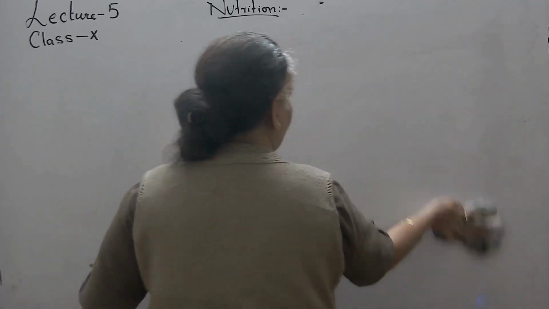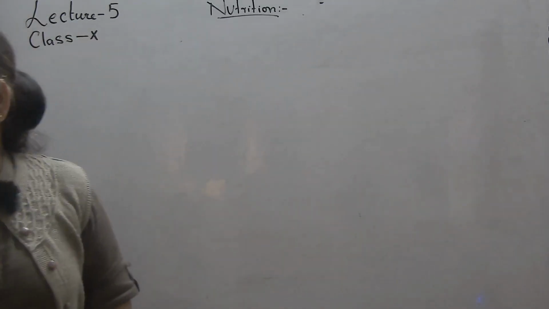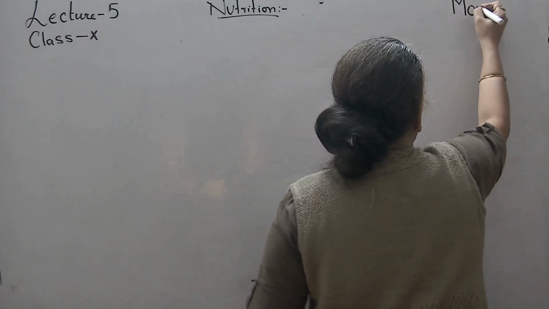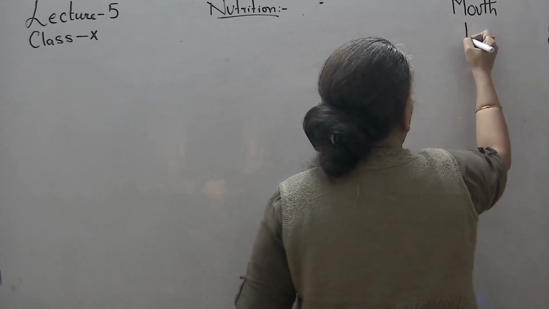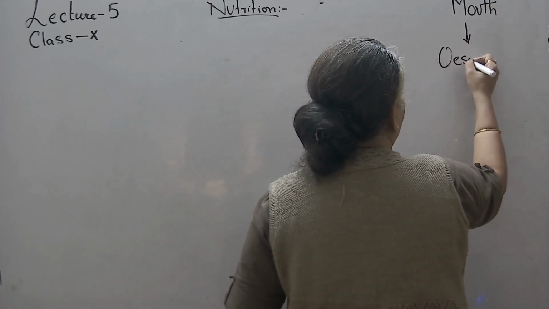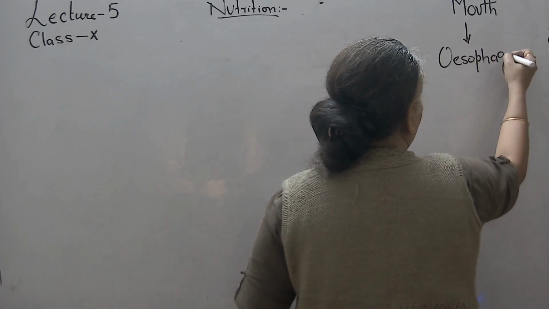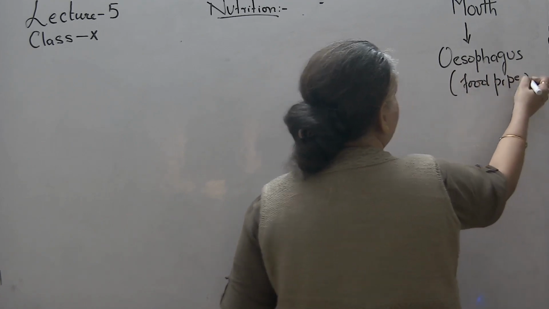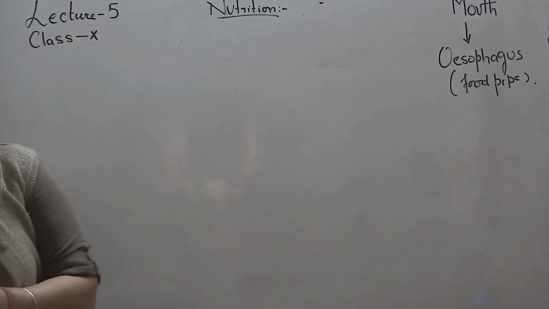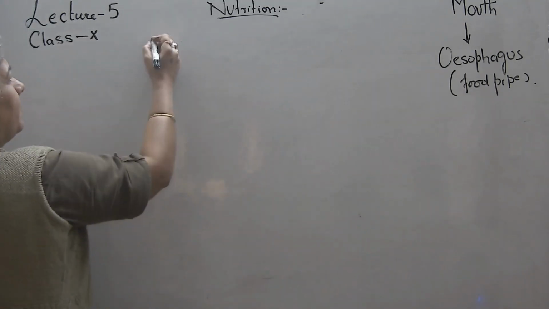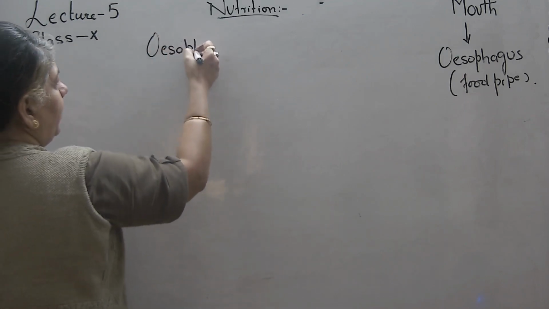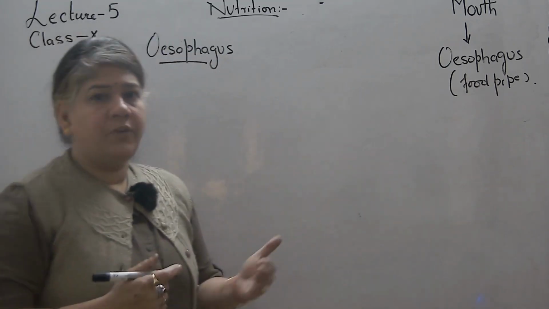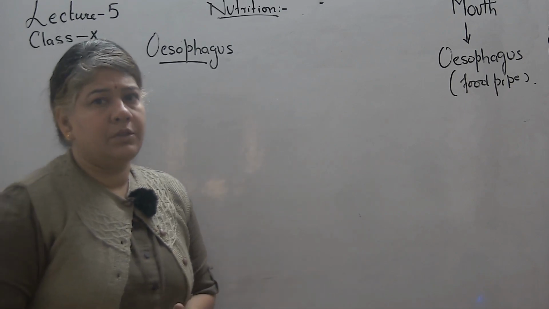So from the mouth, the food is pushed into the esophagus. The esophagus is a connecting tube which facilitates movement of food from mouth to stomach.